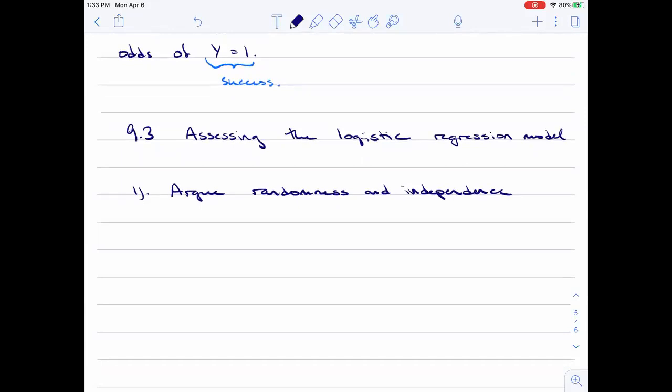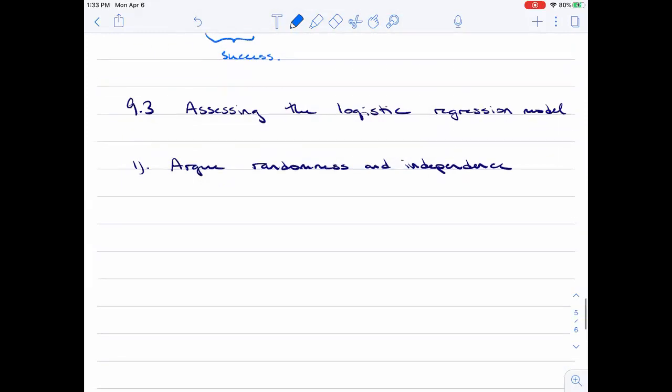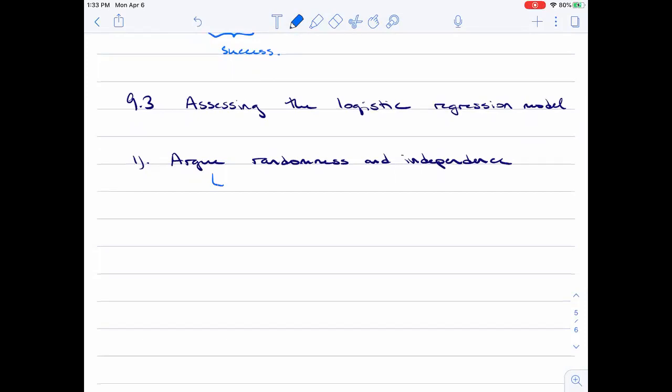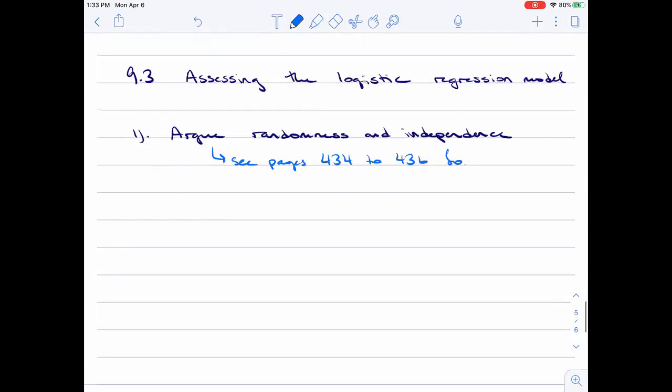If you're curious about some examples, because there are situations where the randomness and the independence is a little bit wishy-washy, on pages 434 to 436 it goes through a bunch of different examples and how you would argue it for each of those. So see pages 434 to 436 for examples.